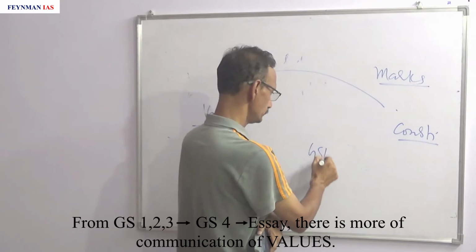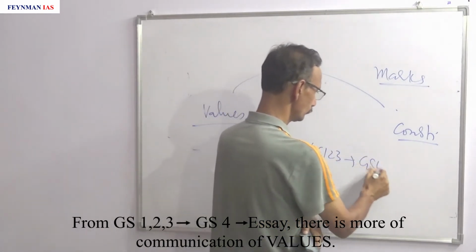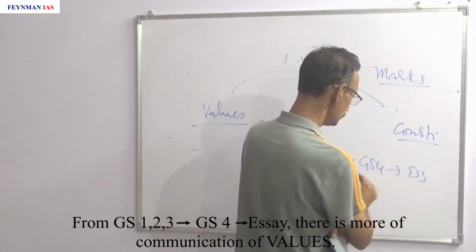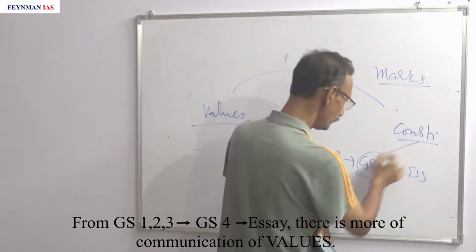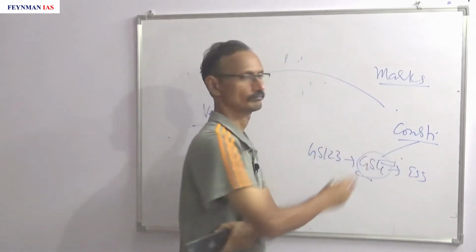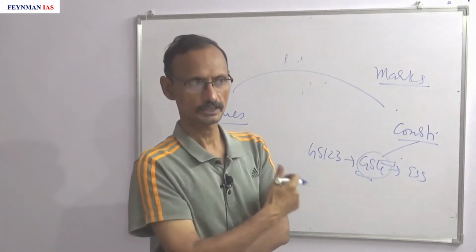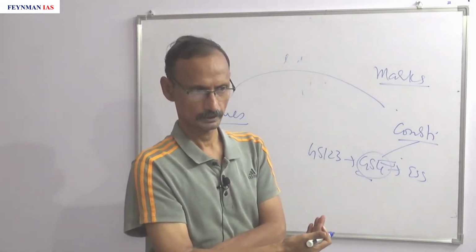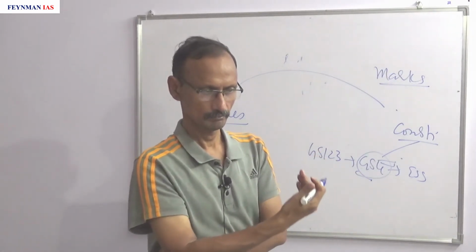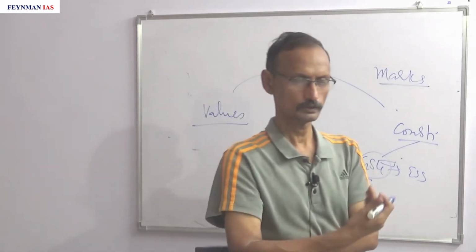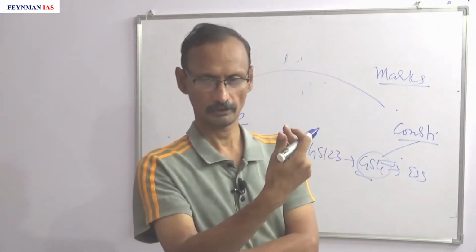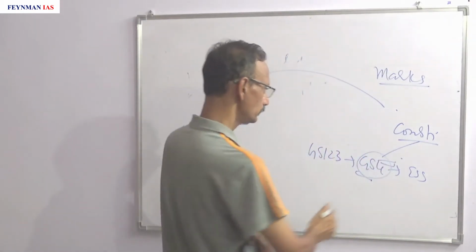This is another continuity. GS 1, 2, 3 to GS 4 to essay is about value communication. In GS 4 you convey values, but not taking so much time, because you have to answer so many questions. Here it is focused.